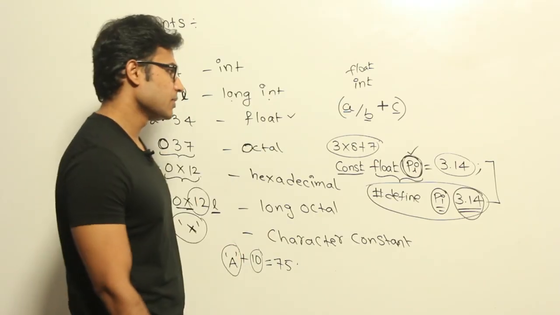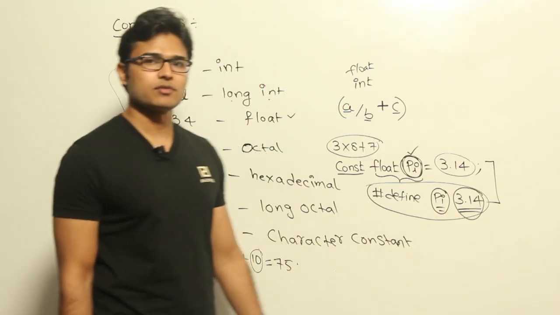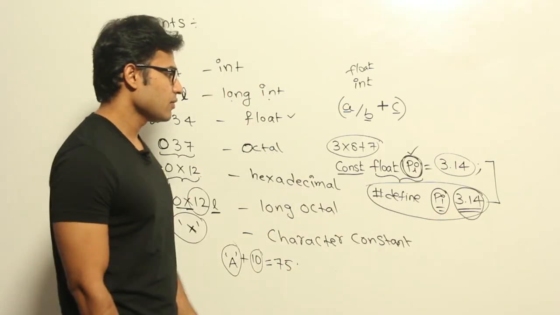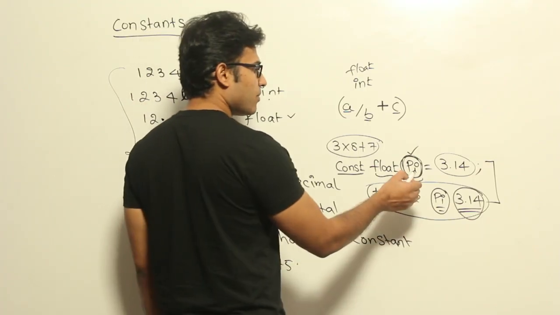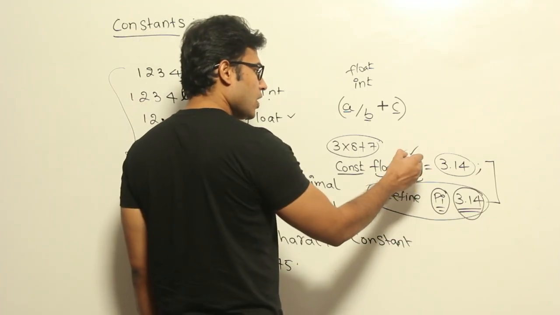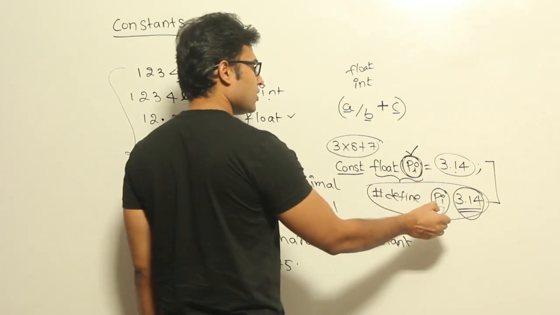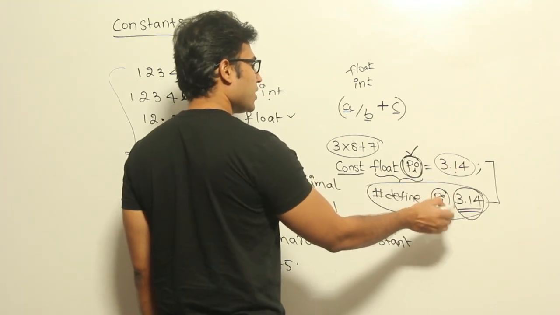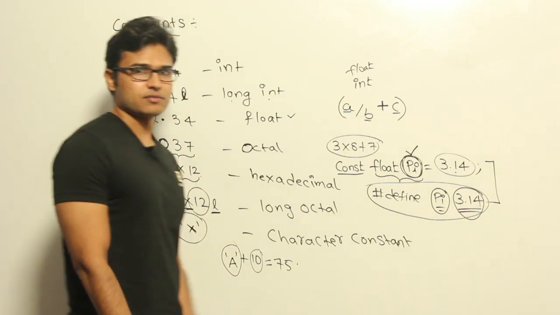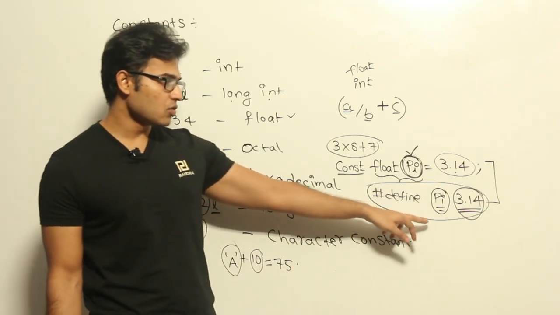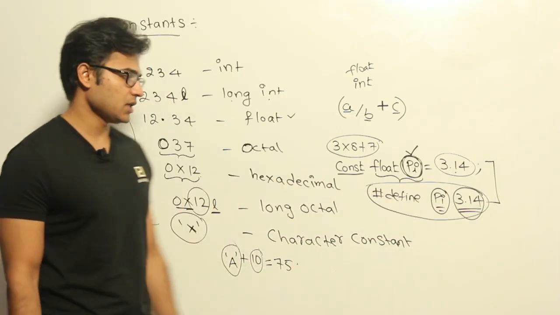It will simply be replaced with 3.14. With the variable, whenever you want to refer to the value of pi, you have to go to the variable pi and fetch its value. But if you replace all the occurrences of pi, the access will be faster, isn't it? There is no need to go to the variable to get its value.